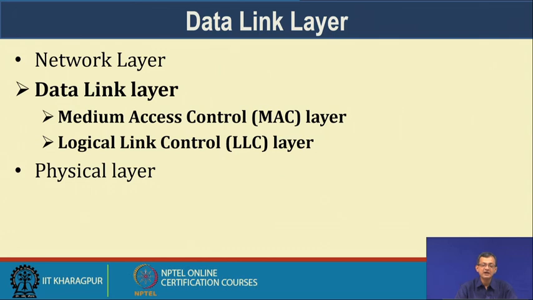If we see the data link layer, above it is the network layer and below it is the physical layer. Again I am repeating, in some considerations we take the data link and physical layer together. If we look at the data link layer a little deeper, we see that it has two sublayers: the MAC sublayer and the LLC sublayer, that is, the medium access control sublayer and the logical link control sublayer. The MAC sublayer is primarily for accessing the media, that is, how the access mechanisms will work, and logical link control defines the service access point with the upper layer.